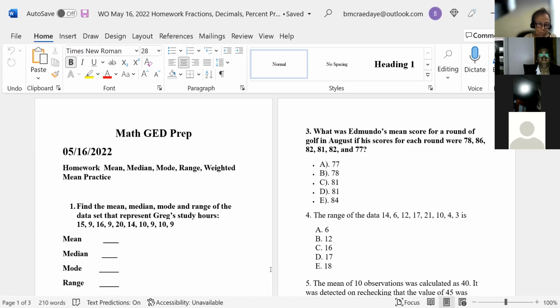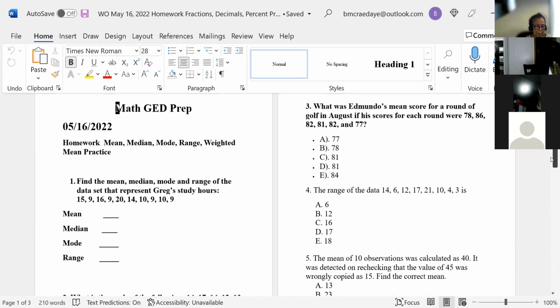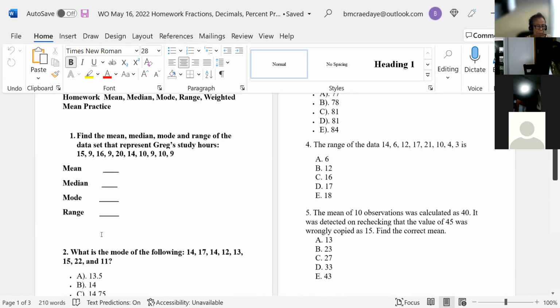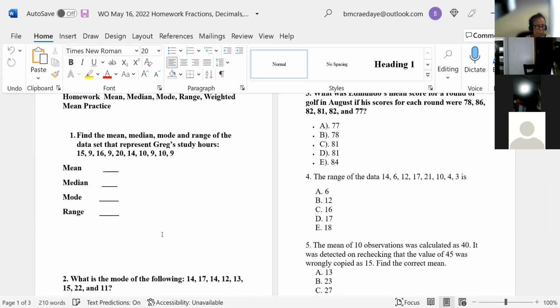Now, Mercedes, you sent that to me. So tell us how you found the mean for the data in problem number 1. What I did was for the mean, I add up all the numbers. Okay.